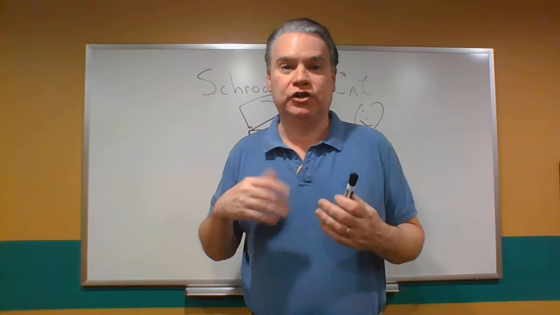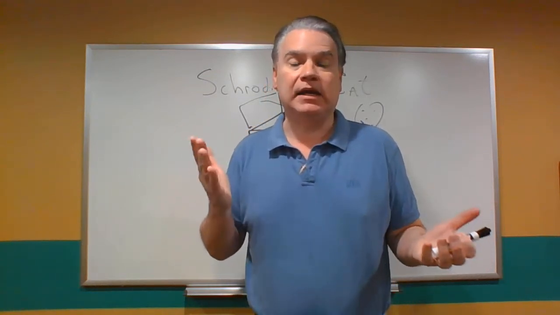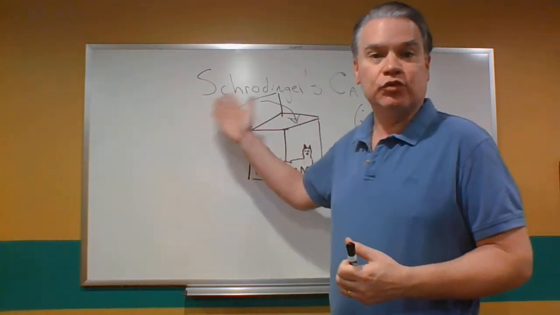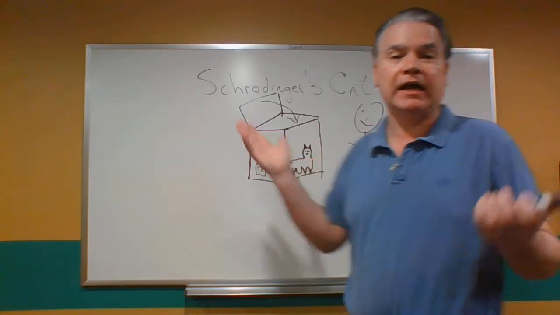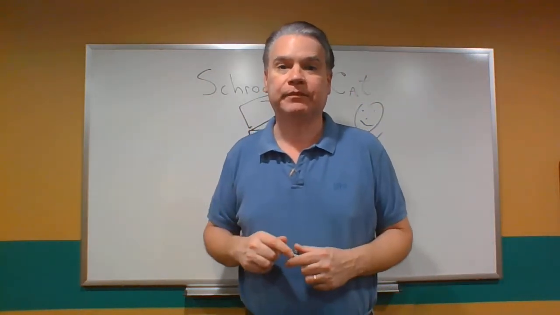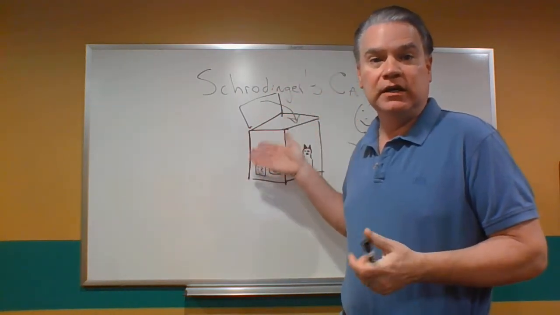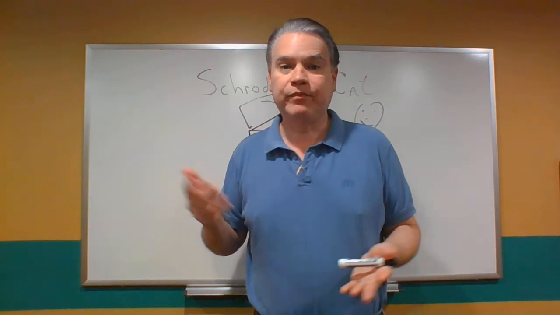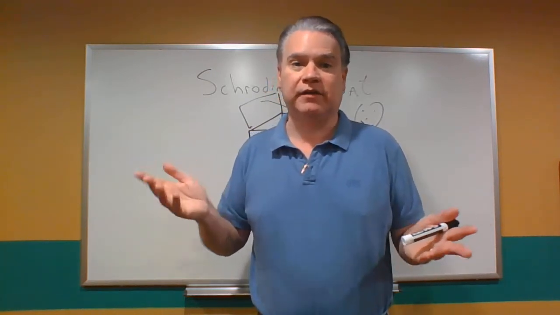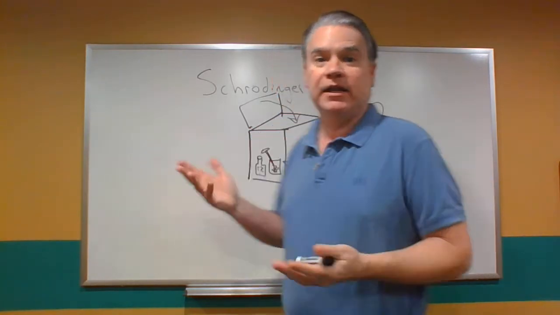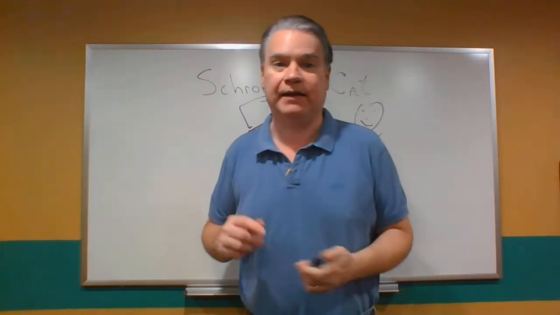And the determination of whether it's alive or not is only made once this lid is reopened and this person looks in the box to see whether the cat is still alive or is dead. So when the person observes the superimposed quantum state, that's when the quantum state is resolved from those two possibilities of the cat being alive or the cat being dead, and the determination in reality is made whether the cat is in fact alive or is in fact dead.